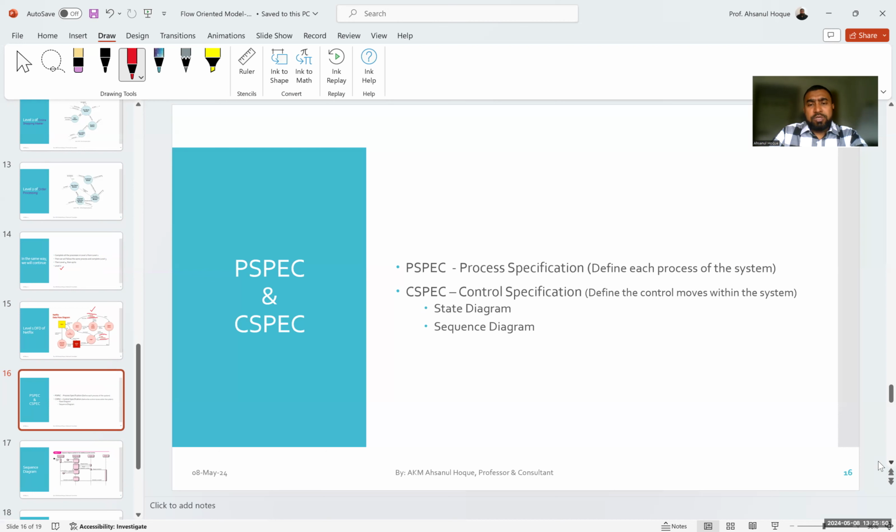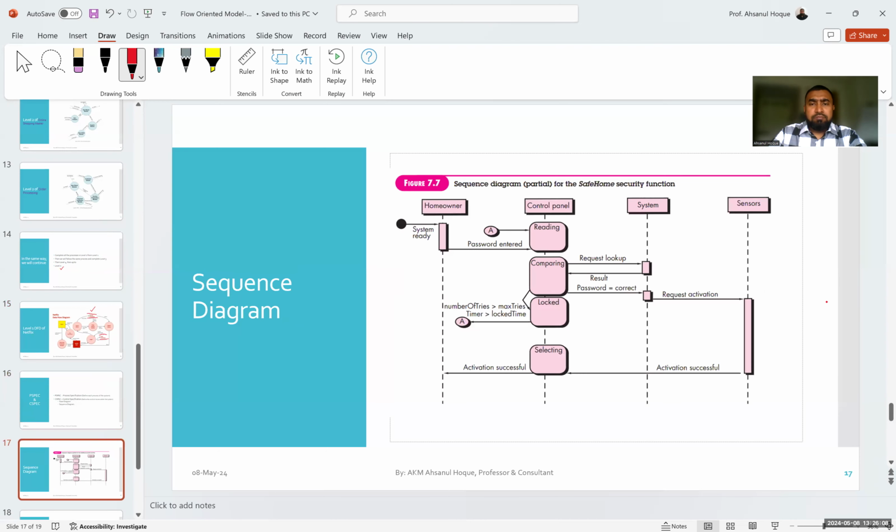And these specs also generate two diagrams: the state diagram and the sequence diagram. Mostly they show the behavioral changes of the system, how it behaves from one process to another, how the control moves. In a sequence diagram, as we already said, we have objects and actors, and we use different lifelines, and show how the system control moves from the homeowner to the control panel, then to the system, and from there to the sensor.